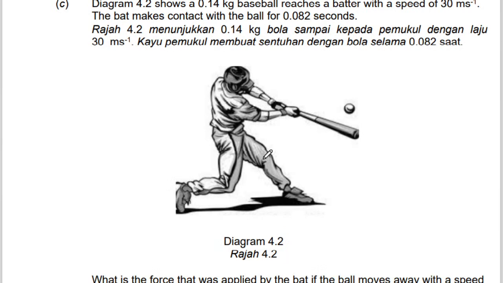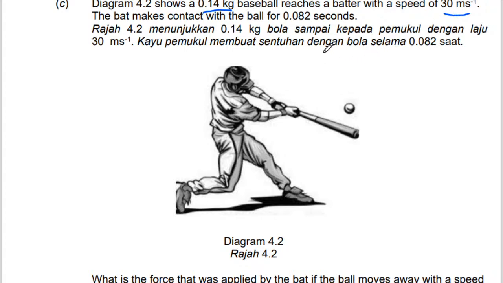Okay, next one, next question. So diagram 4.2 shows a 0.14 kg baseball reaches a batter with a speed of 30 meter per second. So physics, you better look at the unit carefully. Kadang-kadang they simply give you macam gram ke ataupun centimeter per second ke.